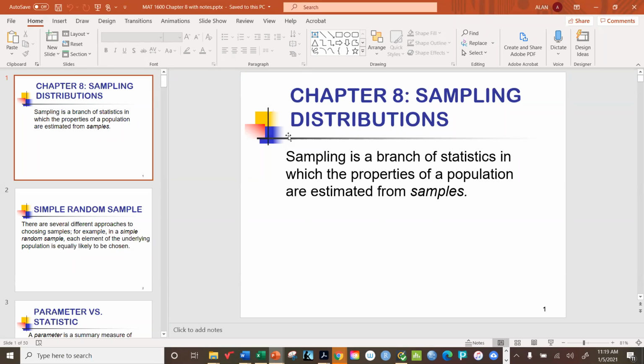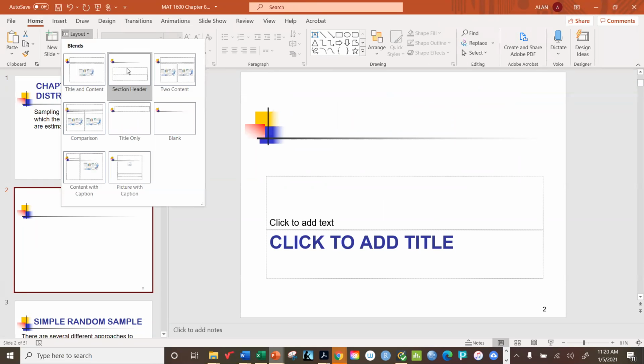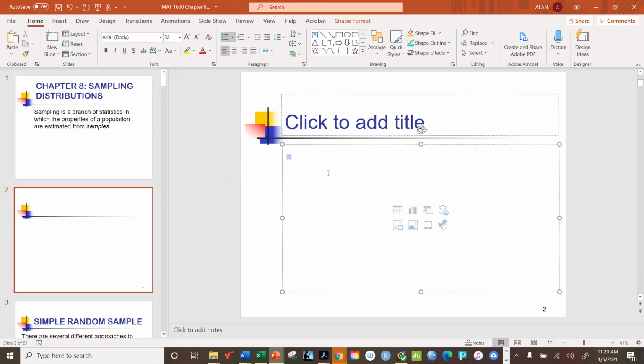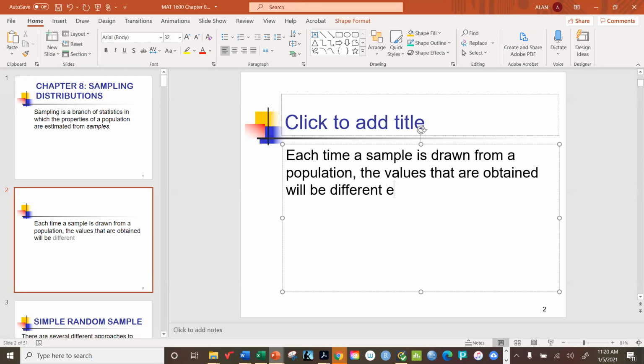Now, what's interesting about samples is that if you imagine yourself repeatedly drawing samples, each time a sample is drawn from a population, the data obtained, or the values that are obtained, will be different each time.